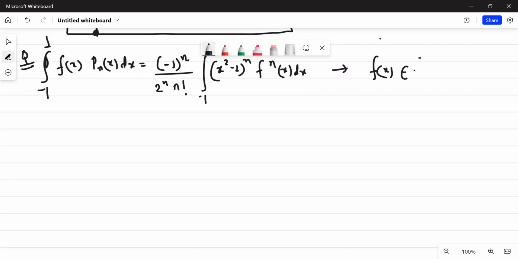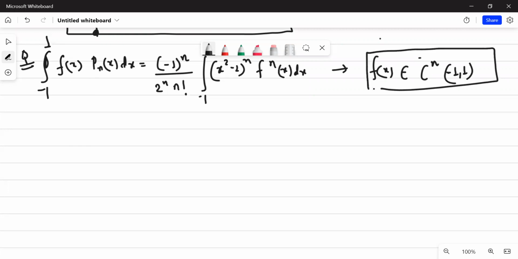So f belongs to C^n, the class of n times continuously differentiable functions on the interval -1 to 1. This is how we write it in short form. Is that clear?